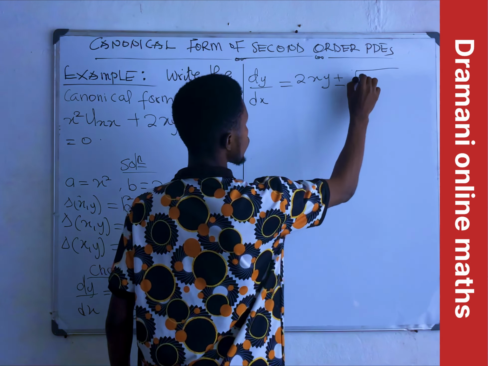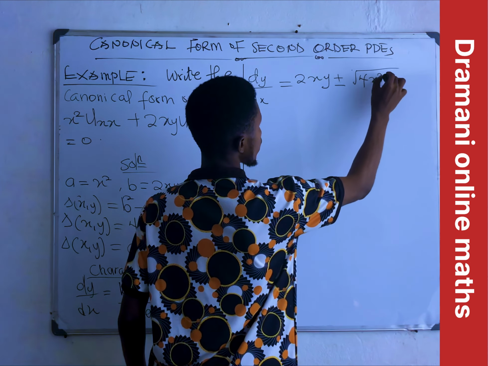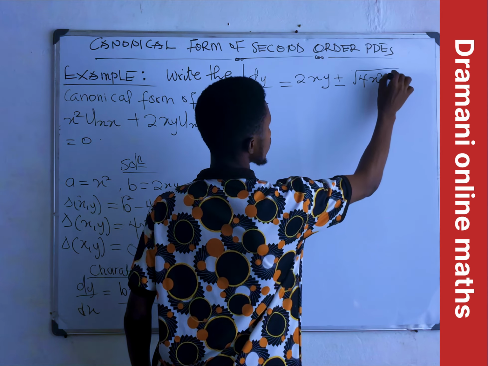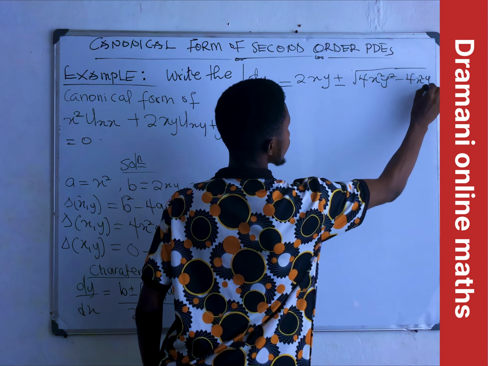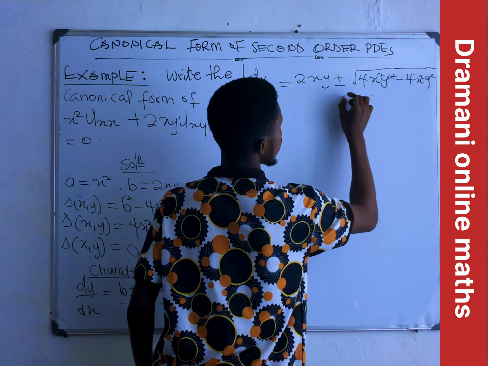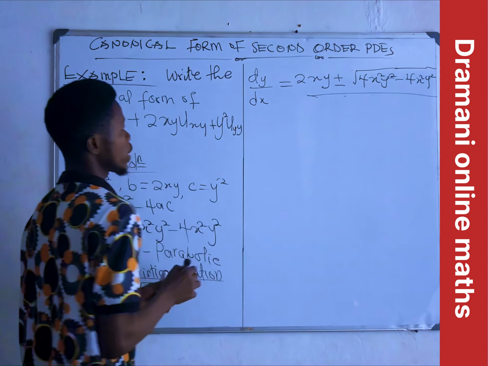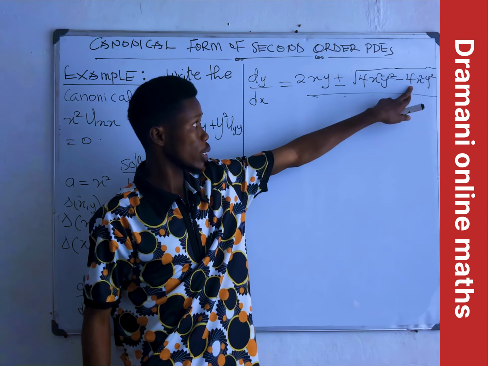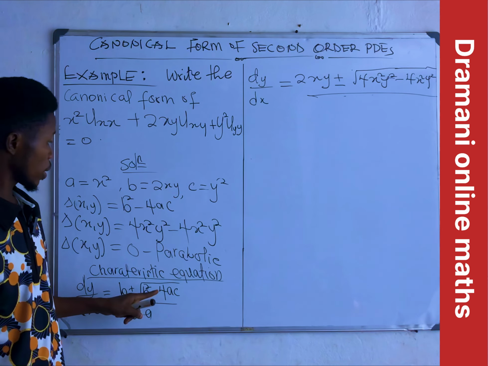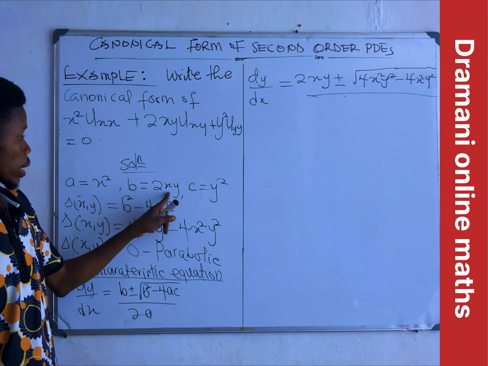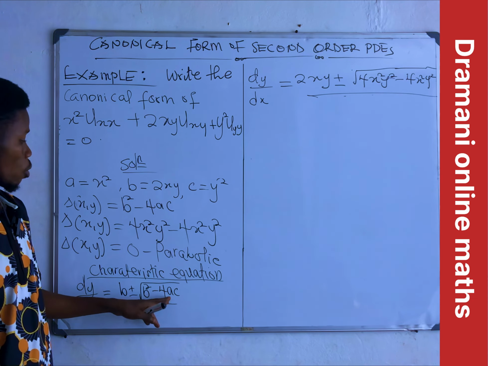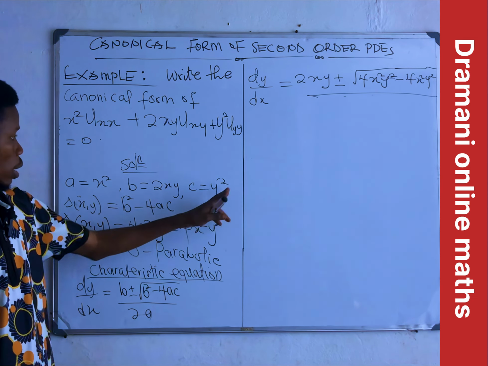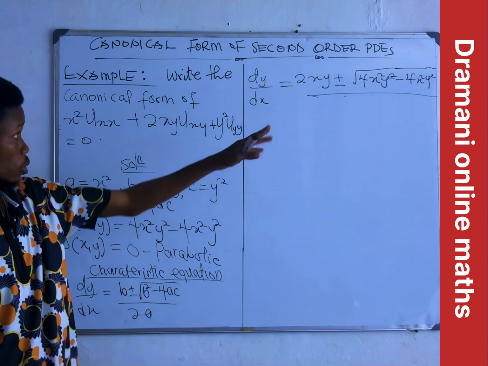So I'm going to have 4x squared y squared minus 4x squared y squared. I hope you understand why I've written it this way. Because b is 2xy, when I square it, that's what I will get. And for the 4ac, a is x squared, c is y squared. So that gives you that.